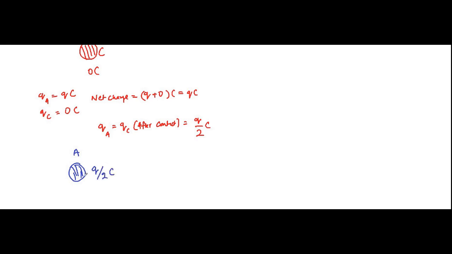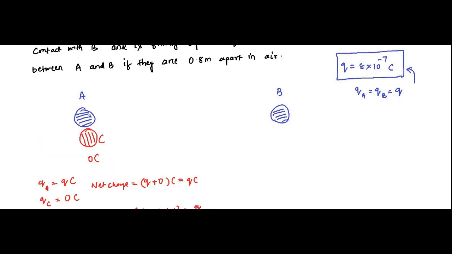Okay, now after bringing in contact with A, C is then brought in contact with B. Now here charge on B is equal to Q coulomb.